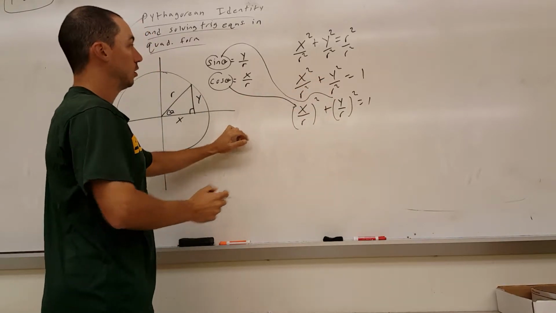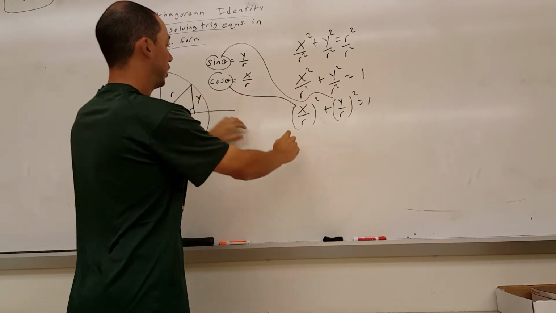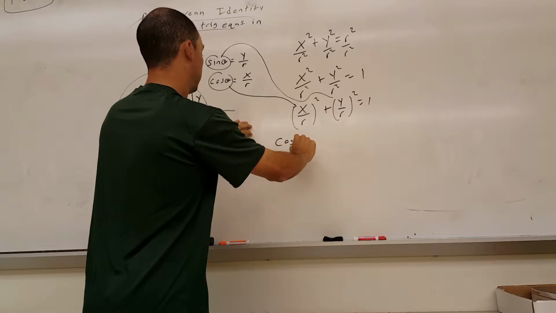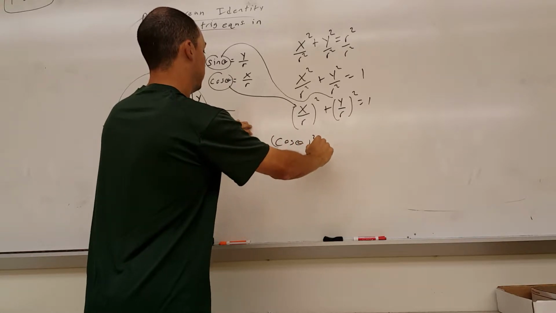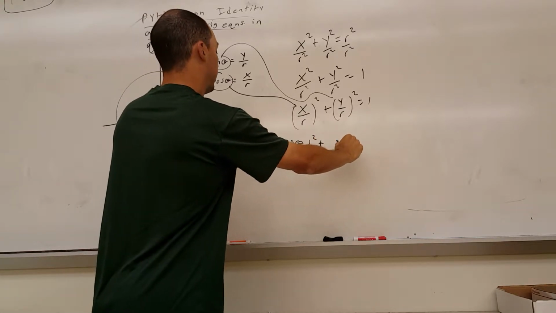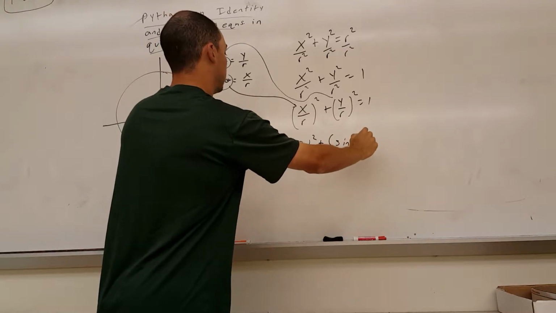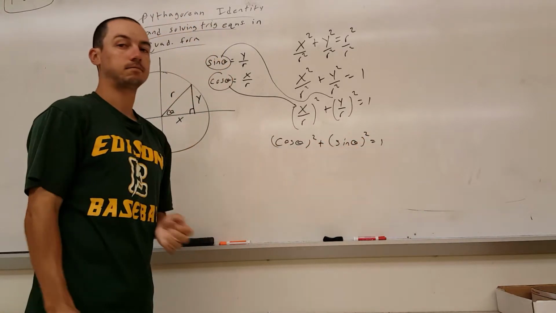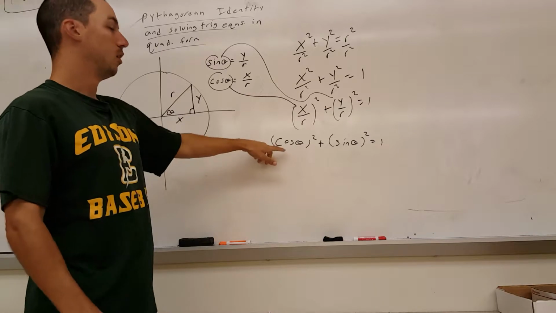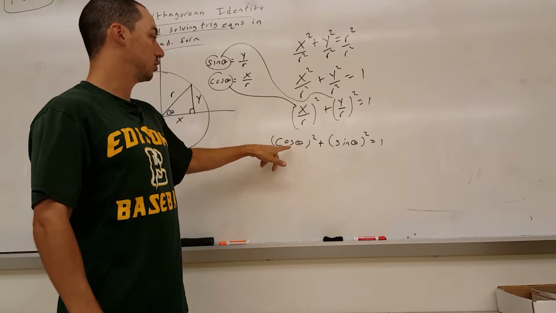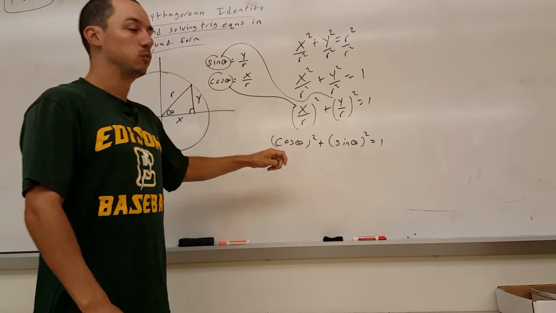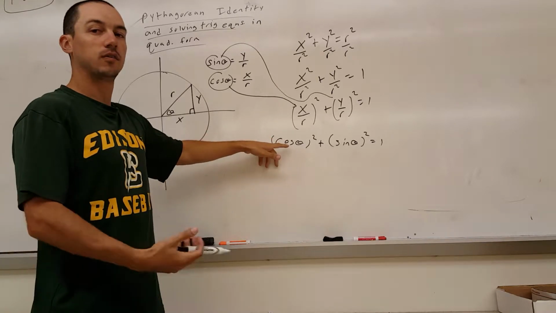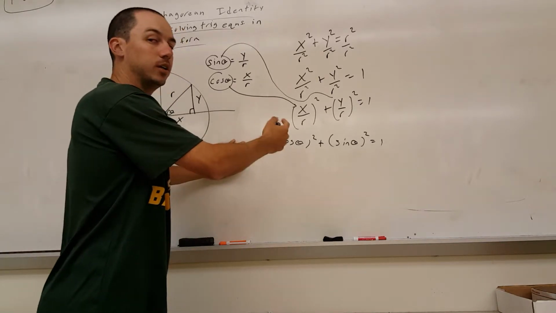here. So now I have cosine of theta squared plus sine of theta squared equals 1. All right, last step here. Cosine of theta is just like a variable. Cosine of theta, you want to square it. So it means whatever theta is, you take the cosine of theta and then you square it. But it's written like this.